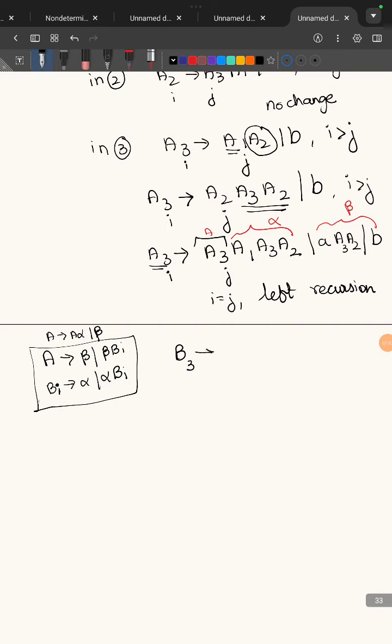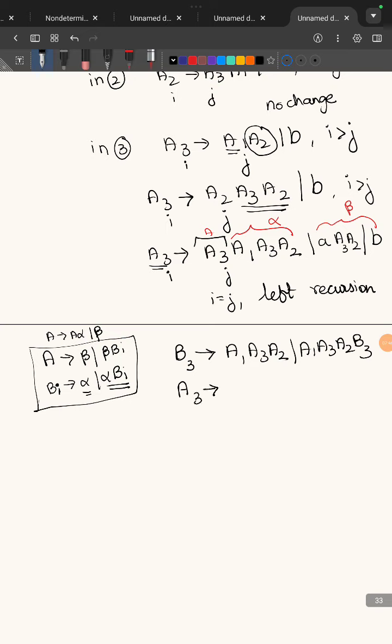Now B is deriving the alpha parts, right? What are the alpha parts? It is A1, A3, A2, right? Now we will repeat the same thing, A1, A3, A2 followed by B3, because that is what your rule is telling, alpha followed by B. Now what will be my A?